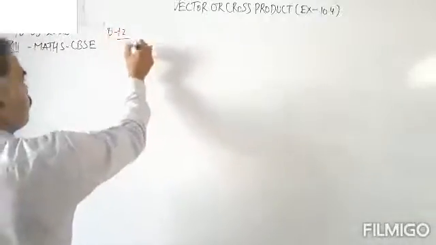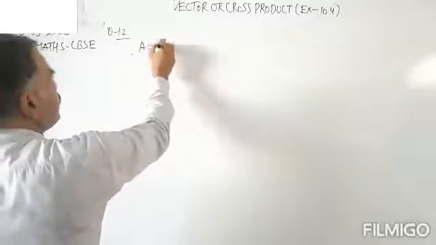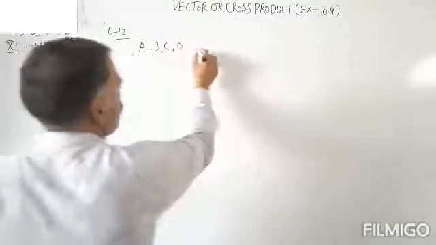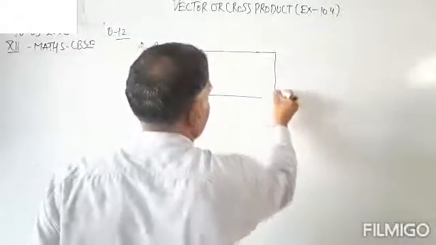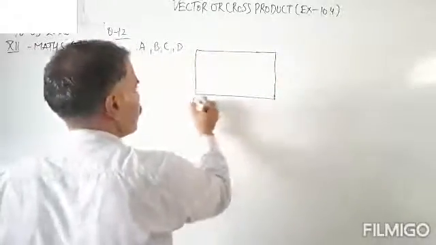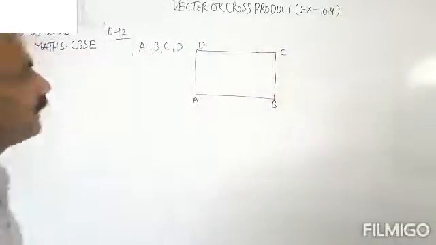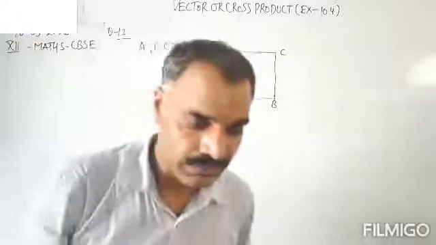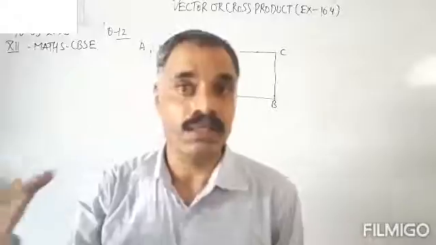The vertices A, B, C, D of a rectangle are given, and we have to find the area of this rectangle.